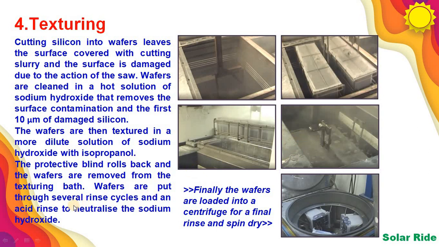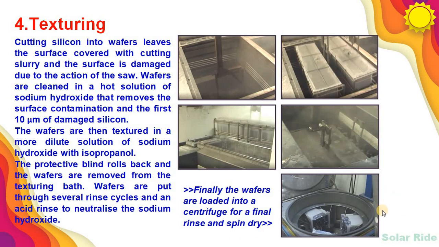The wafers are put through several rinse cycles and an acid rinse to neutralize the sodium hydroxide. After this process, the wafers are loaded into the centrifuge for a final rinse and spin dry.